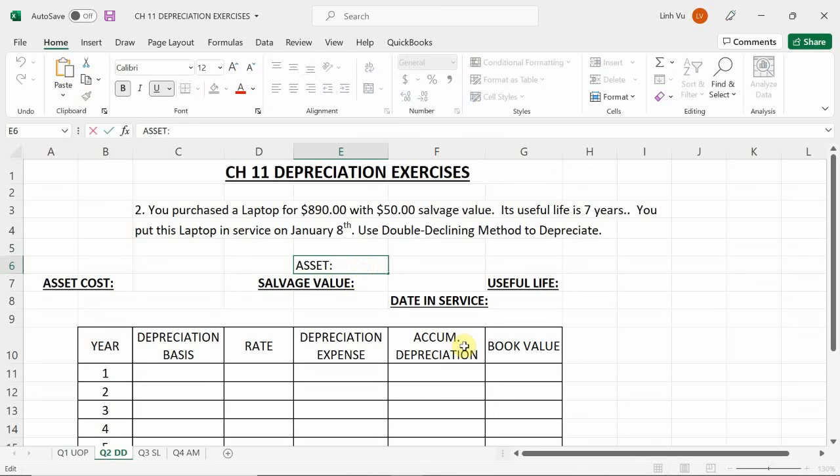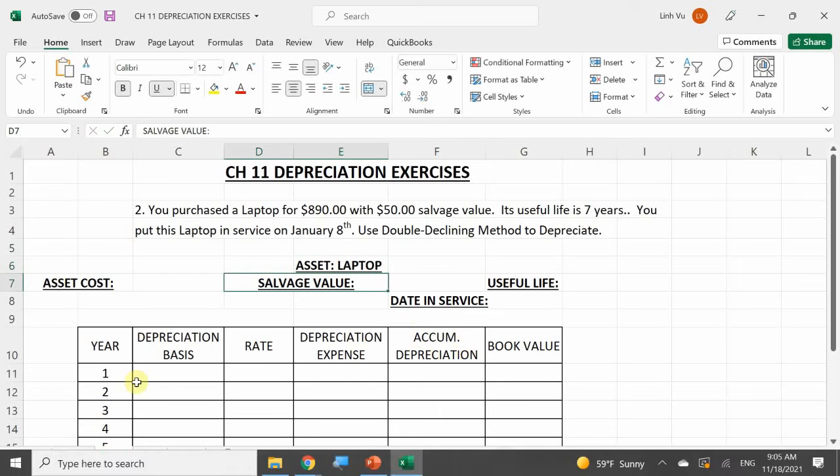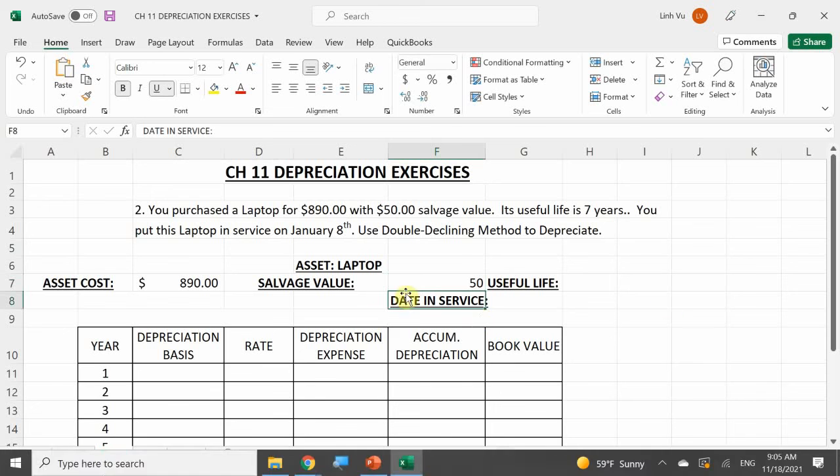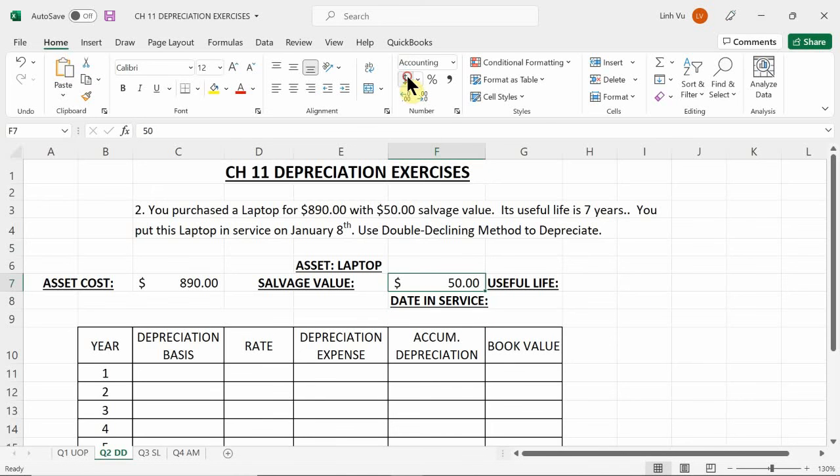I bought a laptop. How much did the laptop cost me? $890. Good. Do I have a salvage value? $50. And then what's my estimated useful life? 7 years.